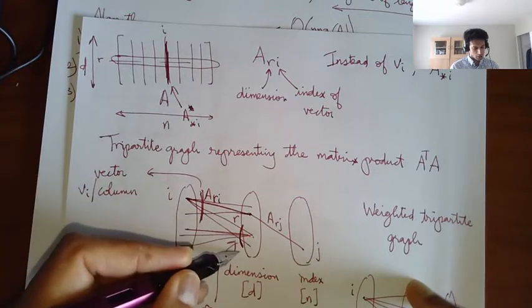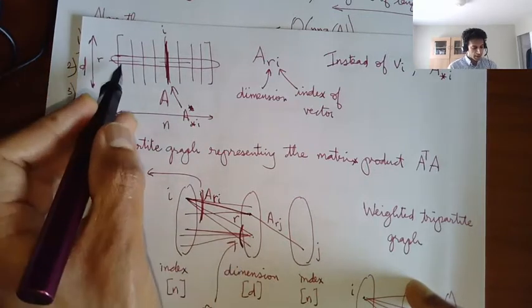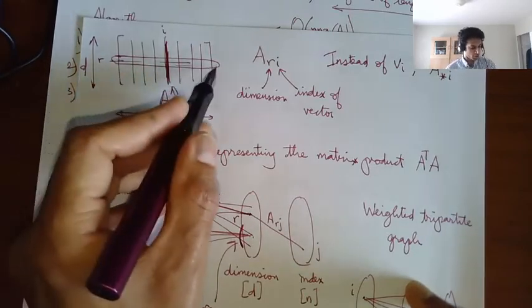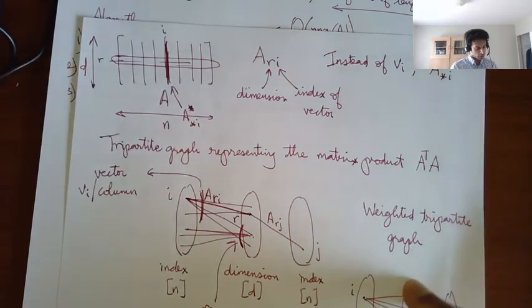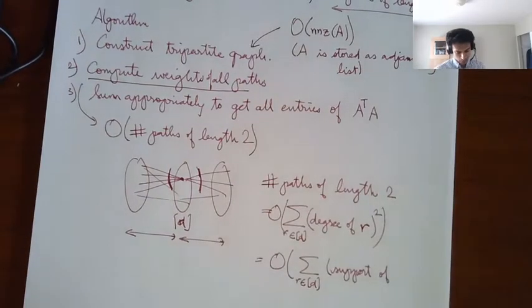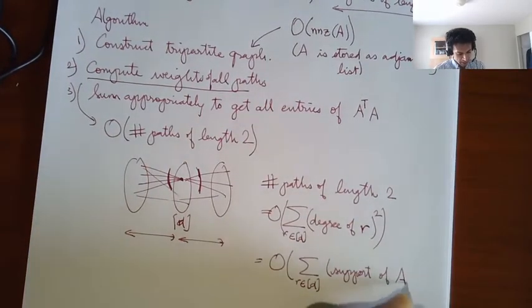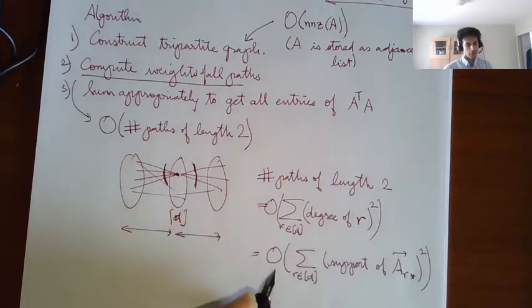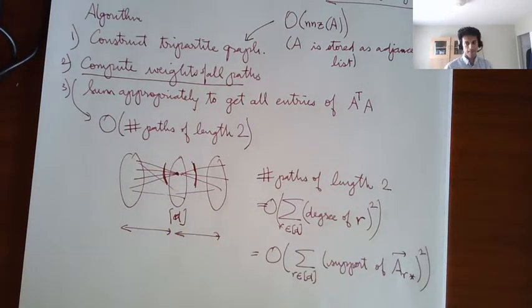This part represents a row vector. And so what is the support? You're looking at every dimension, at the support, and squaring the support. So this is the support of AR star squared. Now what I'm doing is fixing a dimension and going over the entries. So this is the number of paths of length 2. Does this make sense?